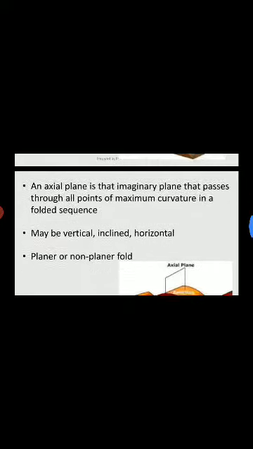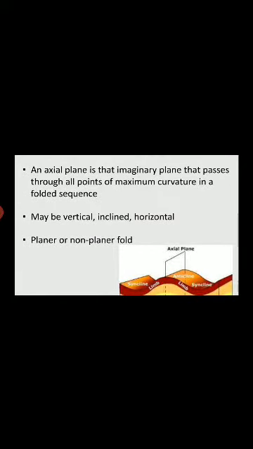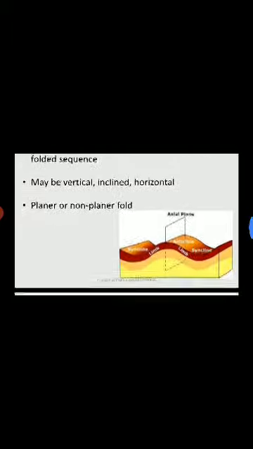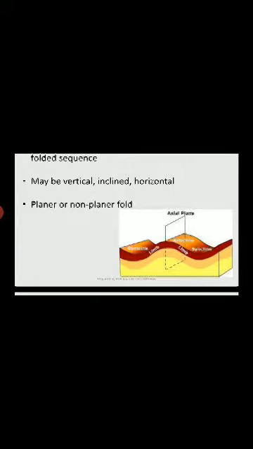An axial plane is that imaginary plane that passes through all points of maximum curvature in a folded sequence. The axis may be vertical, inclined or horizontal, and the fold may be planar or non-planar.